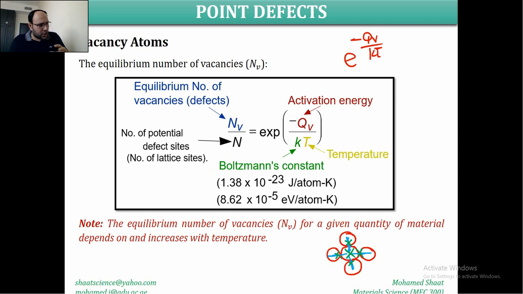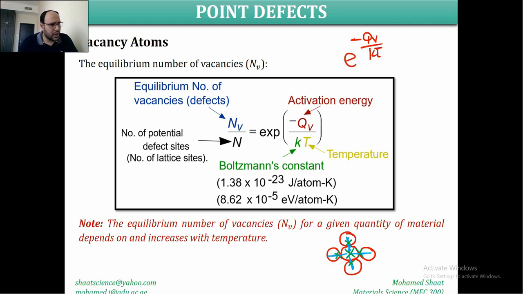This amount of energy needed is known as QV, and this QV, the activation energy, is a material property. It is different from one material type to another. Why? Because it depends on the bonding between these atoms. And as we discussed in chapter 2, the bonding force is a material property that is different from one material to another.